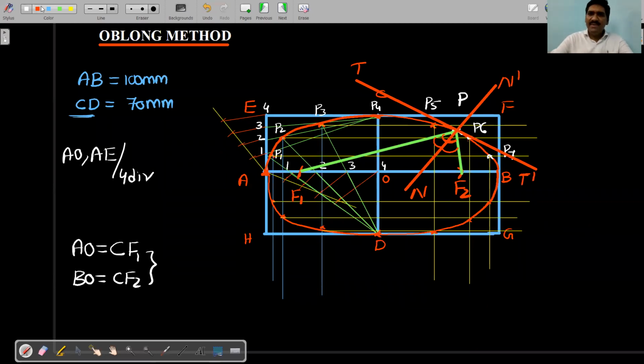Such that the angle between them is always equal to how much? Mostly, he will definitely be asking you to construct the normal and tangent to the curve also. So this is required for you.